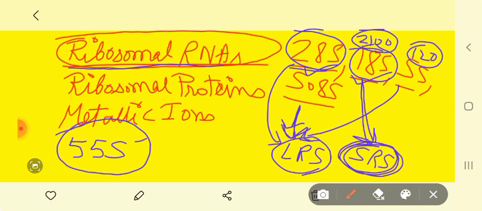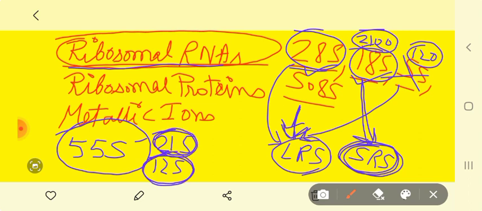It doesn't have 5S rRNA; it lacks 5S rRNA, but it has 21S rRNA and 12S rRNA.